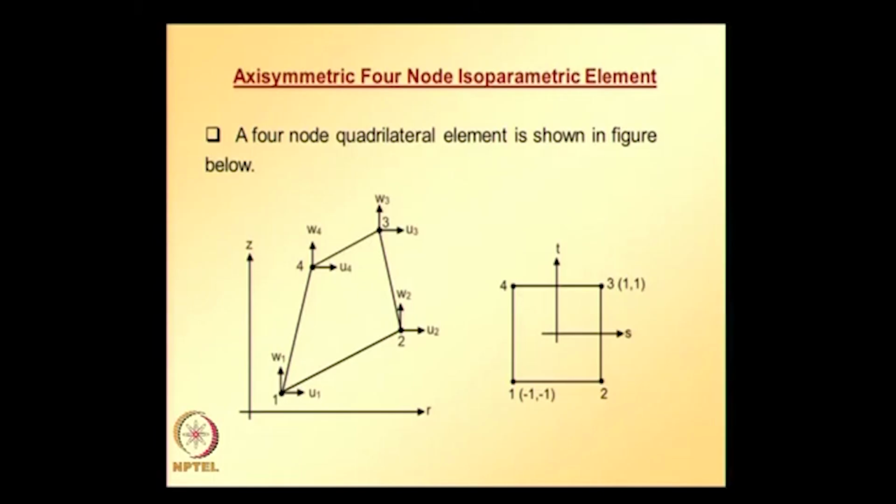So, the element equations can be derived using isoparametric mapping concepts that we looked at earlier, and for that we require a parent element. On the right hand side a parent element is shown in the figure.